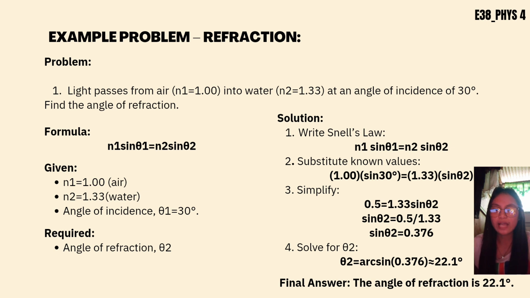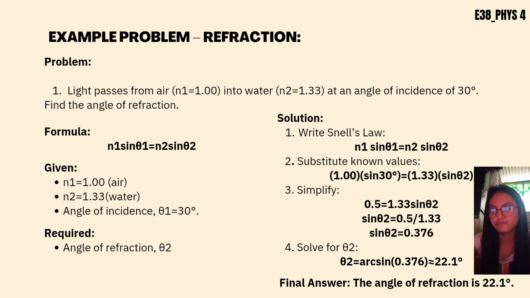So in the solution, we will first write the Snell's law formula, then substitute the given or known values, and then simplify or solve. And then we will get sin theta 2 equals 0.376. But we will not end there.